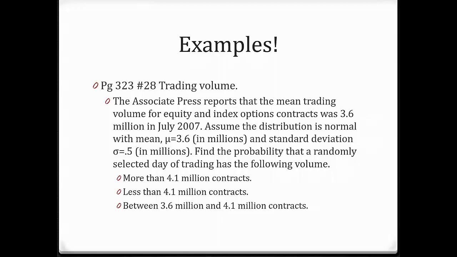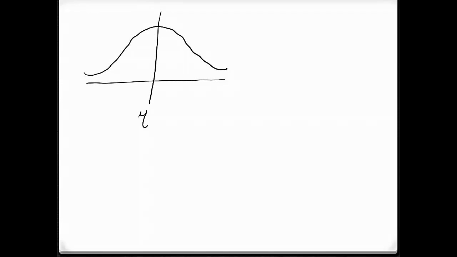So the first thing we should do is visualize what we're looking for. So the first one, I'm going to draw a bell curve. I have a mean. The mean was 3.6. I first want to know the area under 4.1.